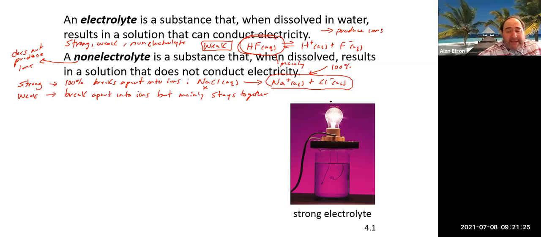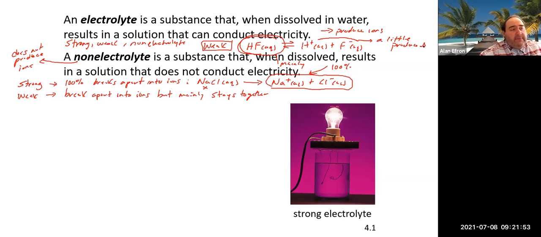But it is able to produce a little of these ions. It's still able to break apart a little bit, producing some free H plus and some free F minus floating around. But the vast majority of what's in that weak electrolyte solution is the HF unit still together.